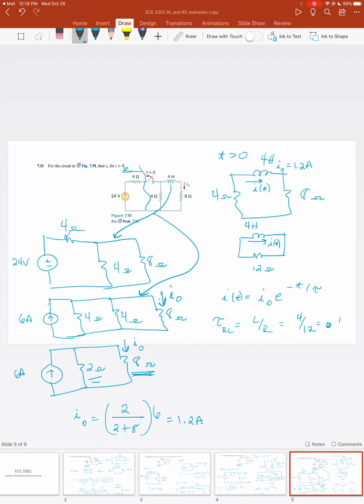So it's going to be 4 over 12, or 1/3. I can leave it 1/3 seconds.